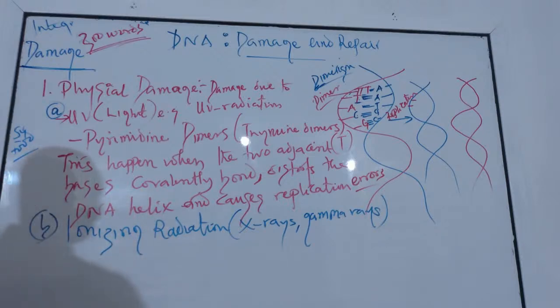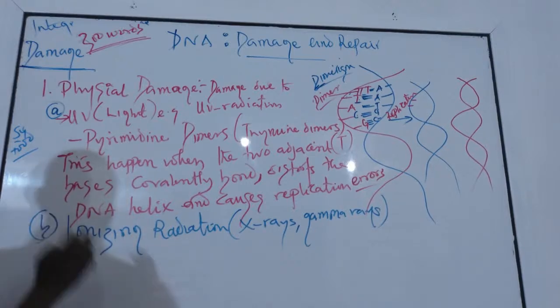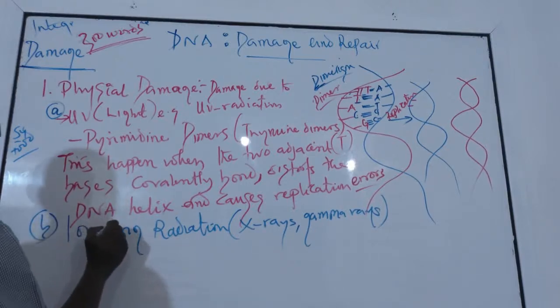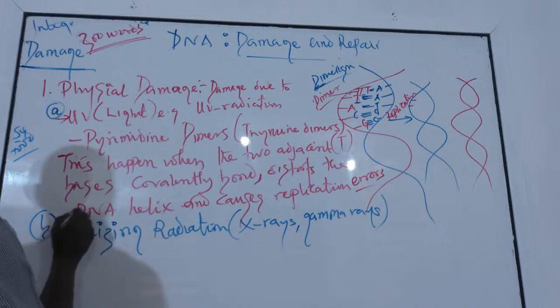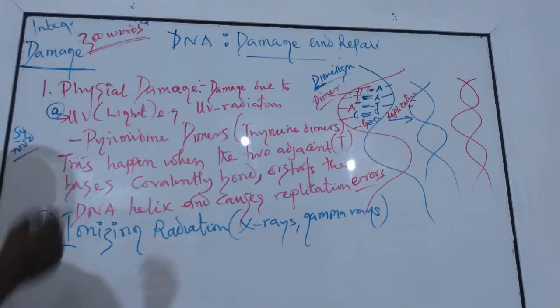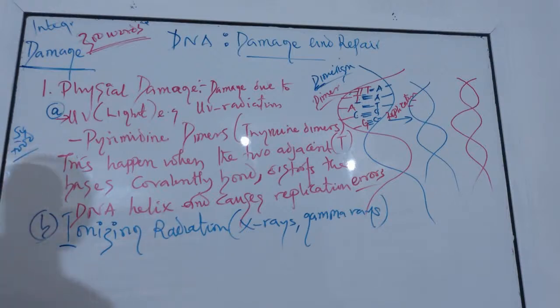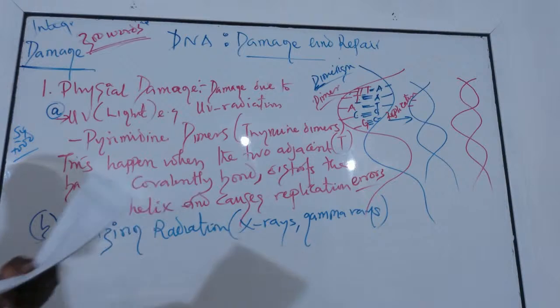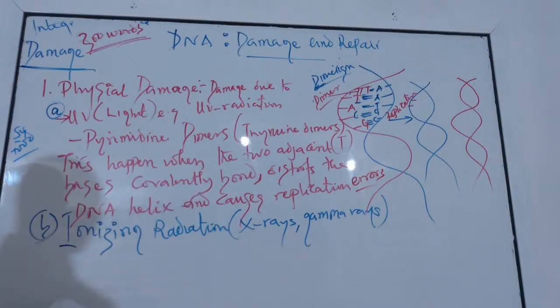The primary aim was to use this radiation to prevent the growth of microorganisms in them. However, they cause a lot of damage to our DNA. That's one of the reasons why they always tell you to stay away from synthetic food, because it is a source of physical damage to our DNA.